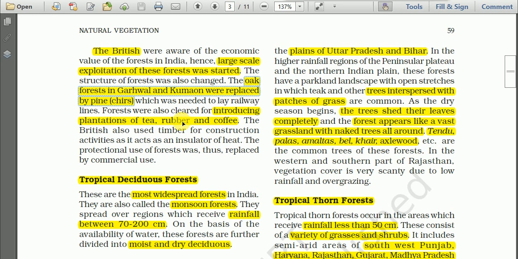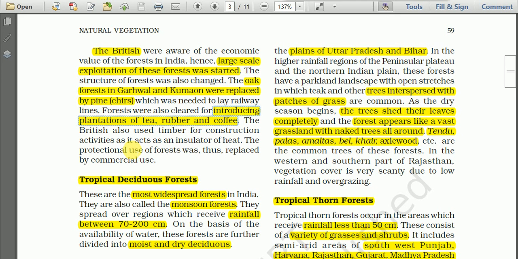Then forests were also cleared for introducing plantations of tea, rubber, and coffee. The British introduced tea in Assam, then in Darjeeling district of West Bengal, then they introduced coffee and rubber in the Western Ghats, and that is why the forests were cleared.